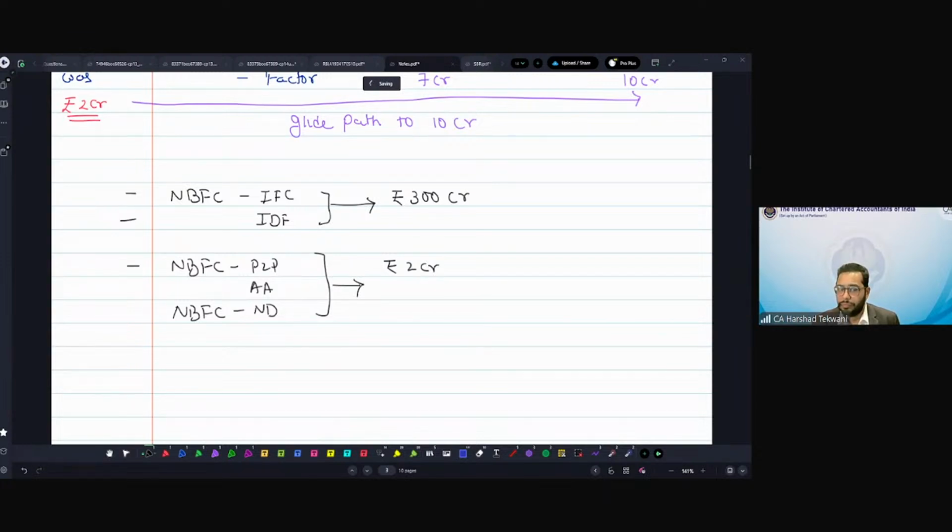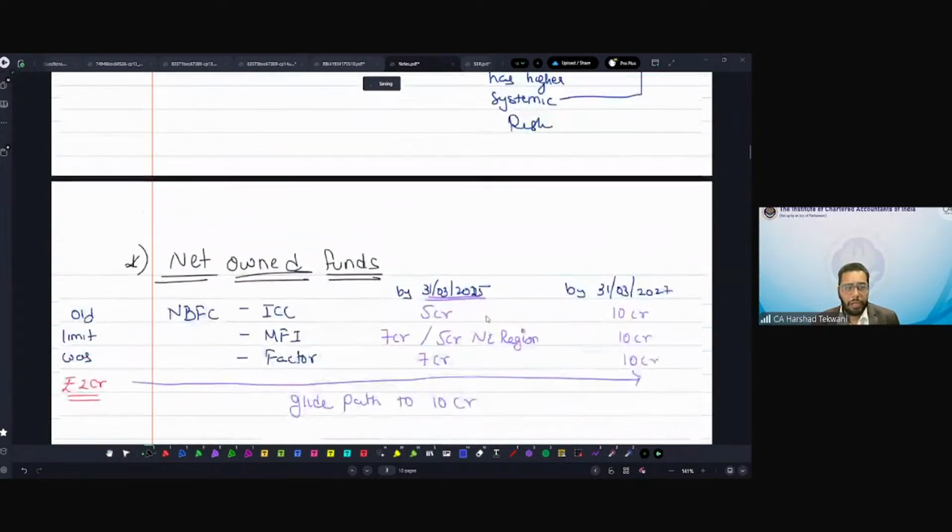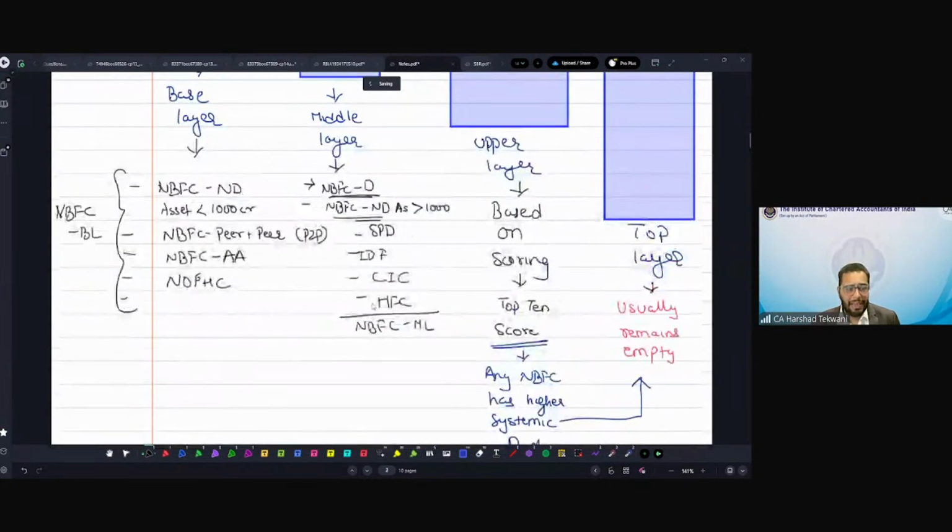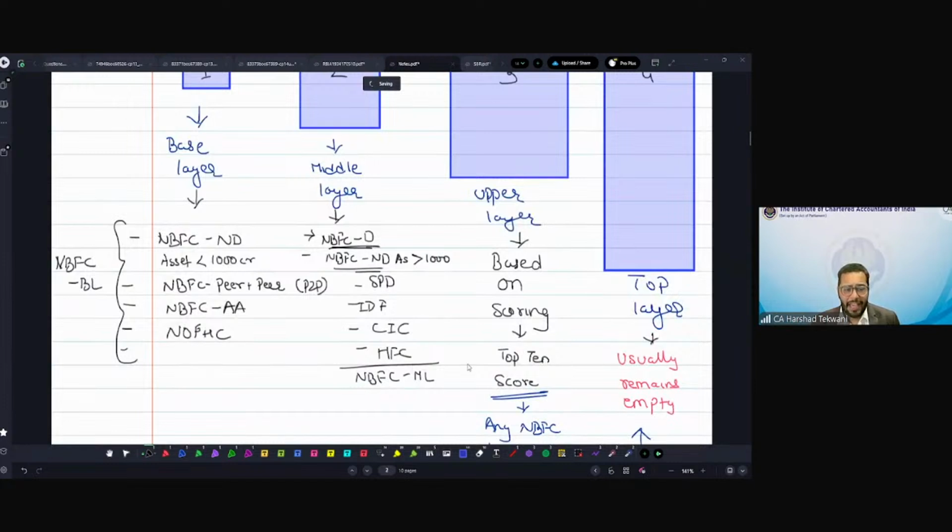Here, you have mentioned the net owned funds of some NBFCs, but you have written that SPD and the NBFC-D related are not included in that? The other NBFCs like this, yes, IDF, CIC, HFC.